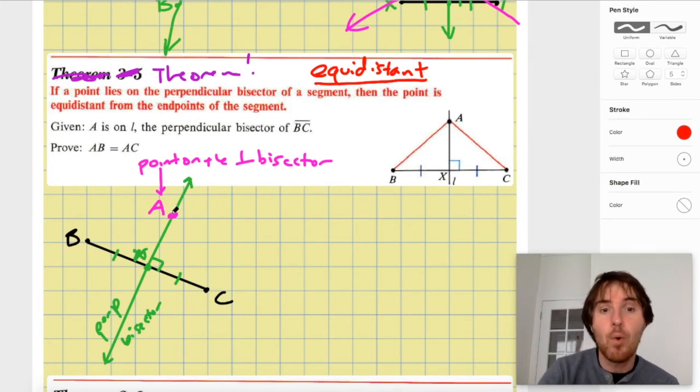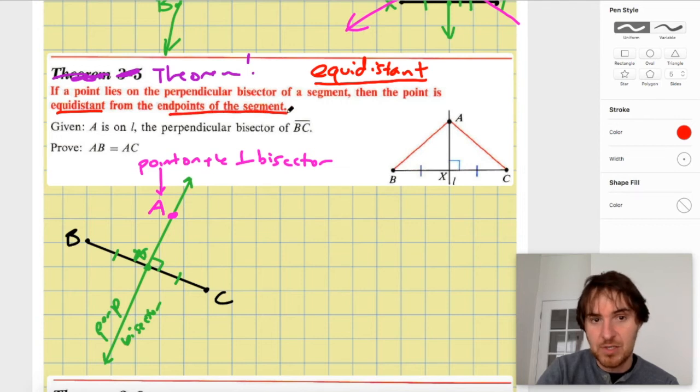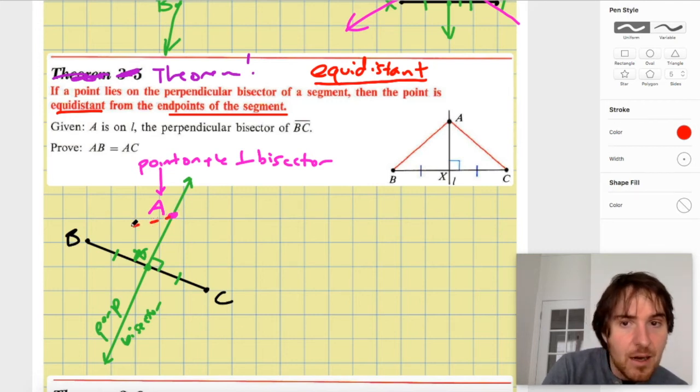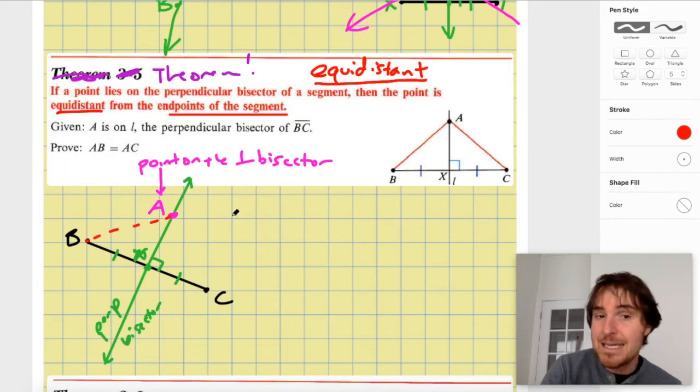This point A is equidistant from the endpoints of the segment. What this theorem really just says is that the distance from A to B is equidistant from A to C.